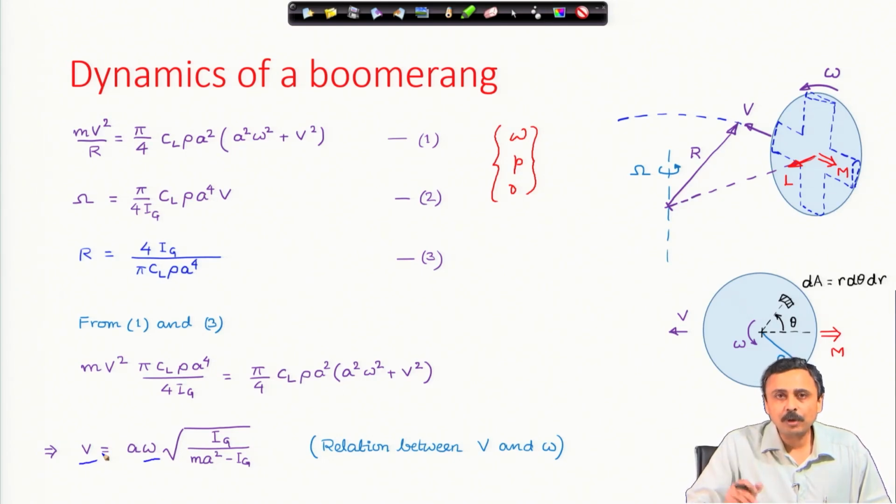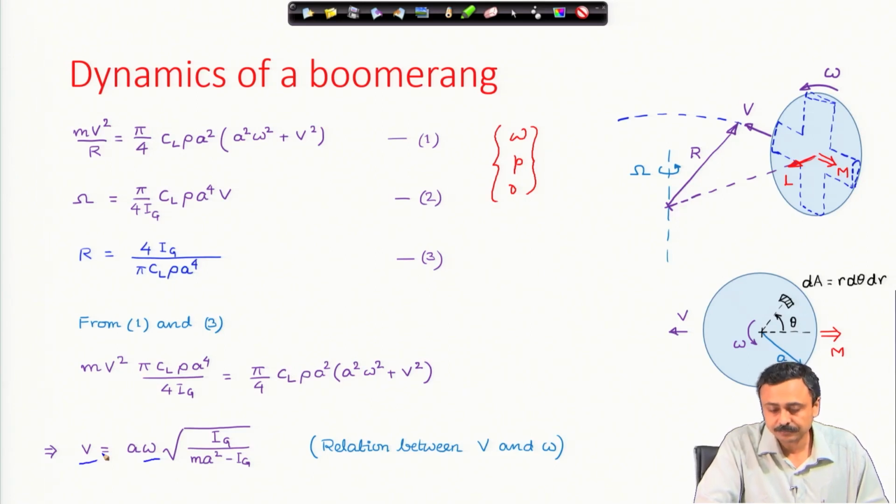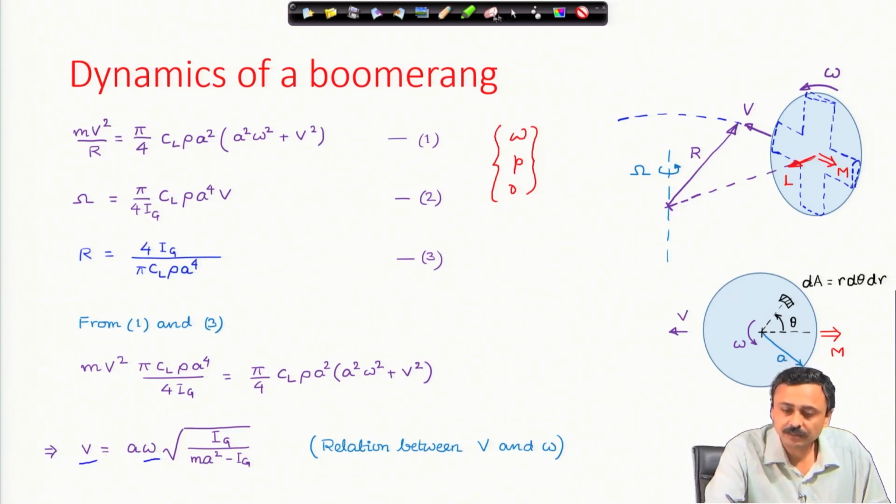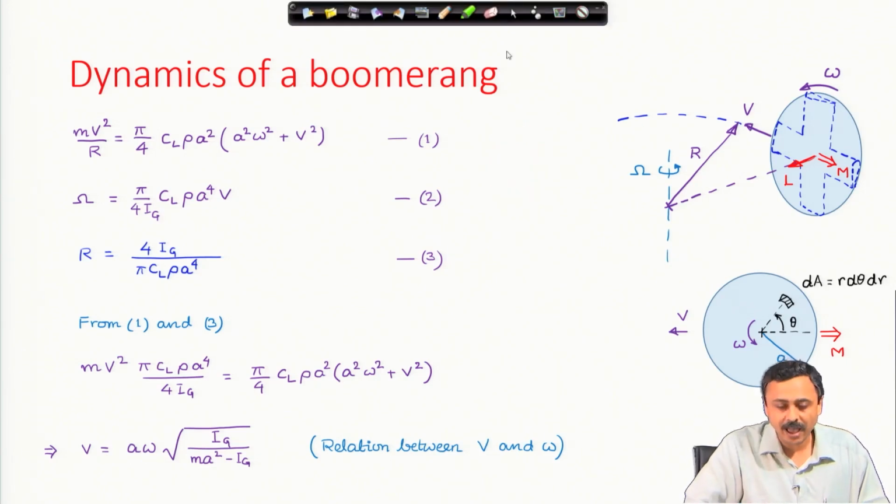When you throw a boomerang, you have to give an appropriate spin and a velocity, so that this analysis, the way we understand the dynamics of the boomerang, is satisfied, and it will then follow the path that we have calculated. So, this gives us a relation between the throwing speed and the angular velocity.